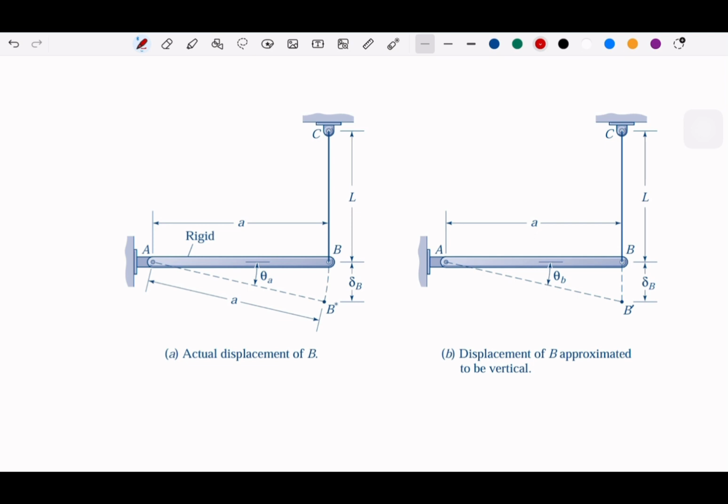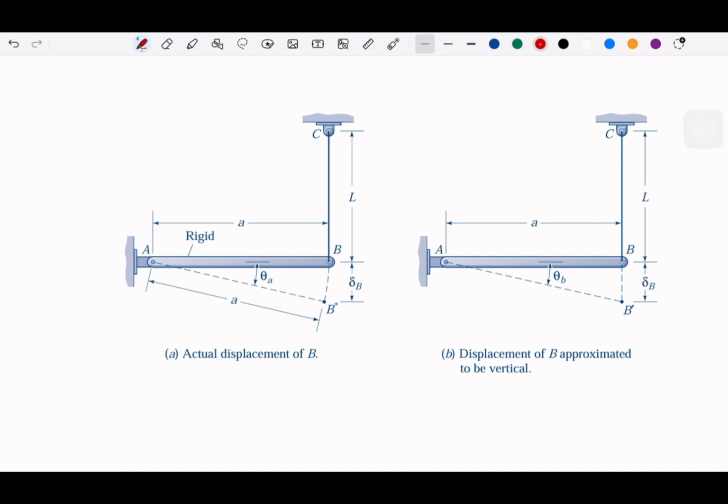The rotations make this deform, right? It's going to have a stretch and some sort of rotation like that, okay? But since theta is really small, we could assume this is just a vertical line.